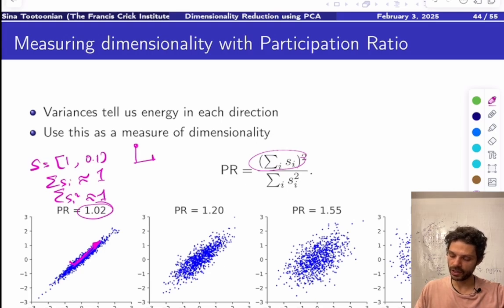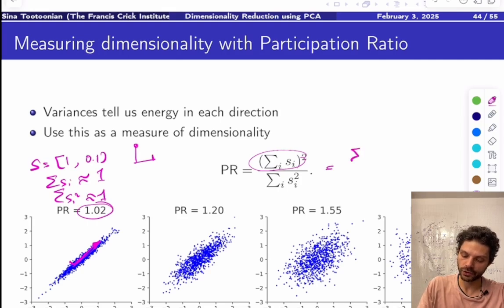On the other hand, over here, the values are about equally distributed. So what would happen if they were equally distributed? We would get the square of the sum of S over the sum of S squared.